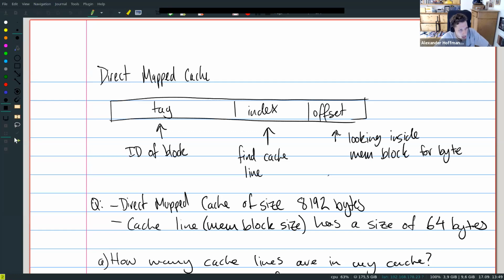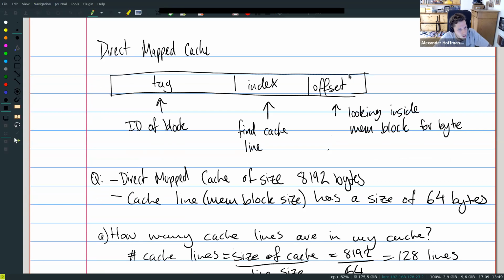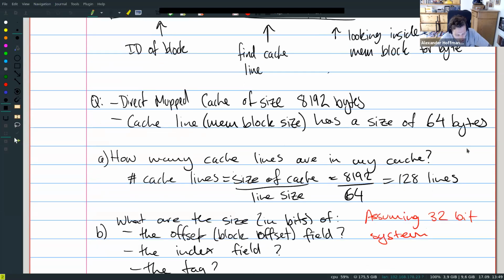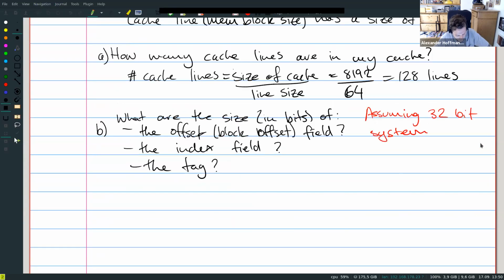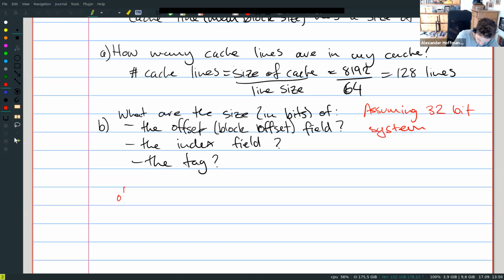I think you had the answer in what you've written, but you've just got to rename the portions. So what's the size of the offset if we have 64 byte blocks or cache lines? How many bits?